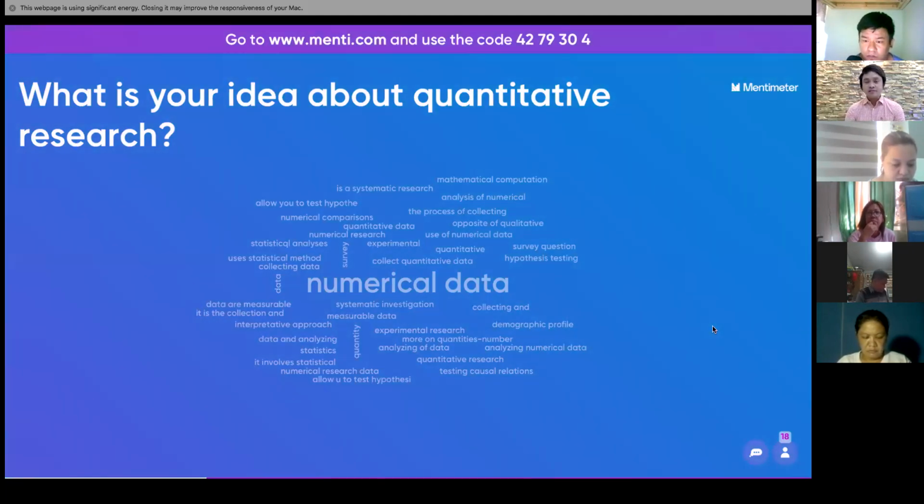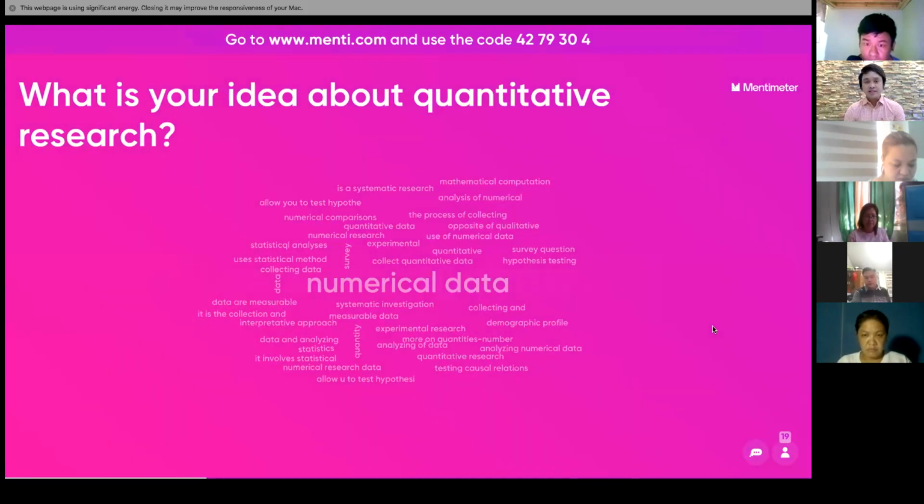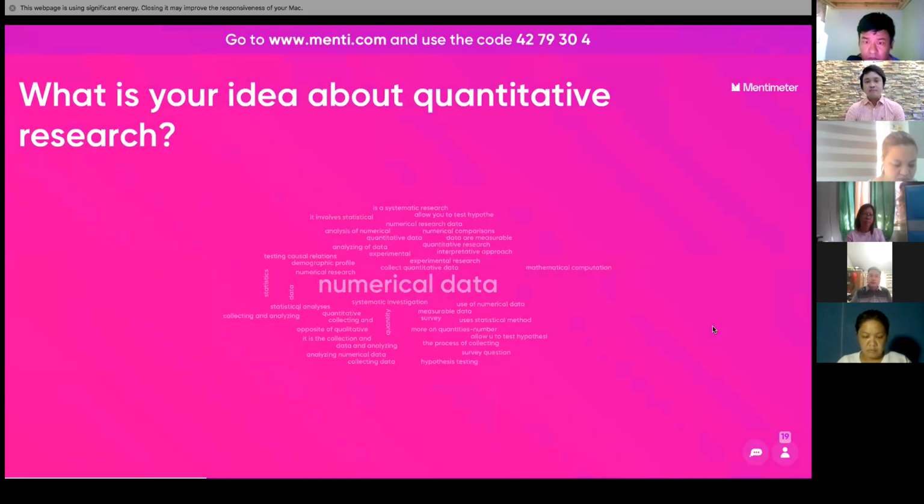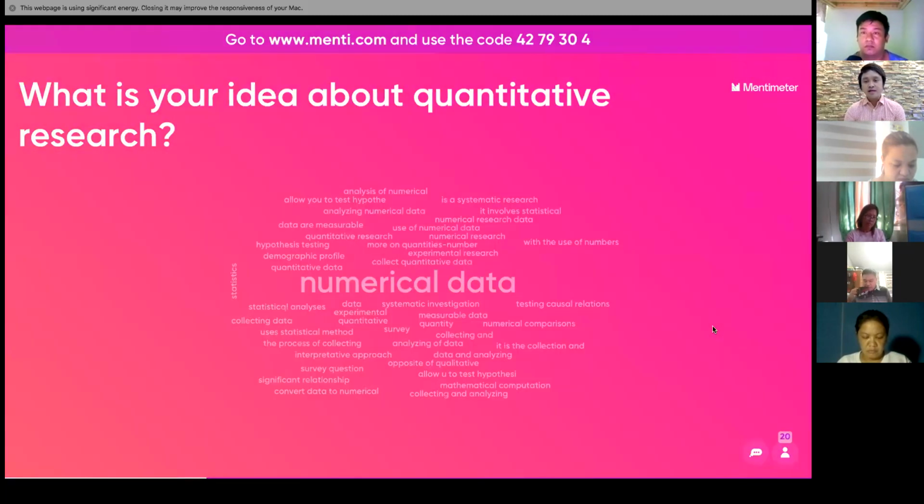Kaya very good kayo. Yung pinakamalaking word na lumabas dito ay numerical data. This means to say that you are knowledgeable already, that for you to come up with a quantitative research, you will be encountering and exploring a lot of numerical data, no?